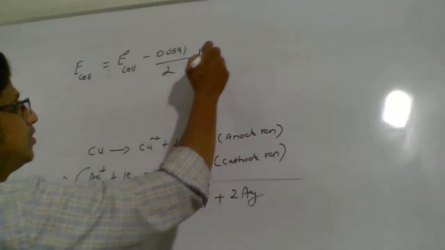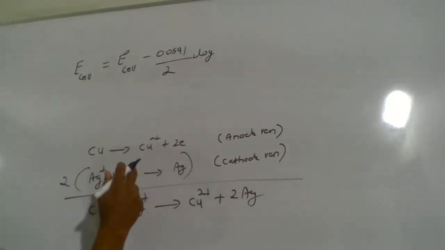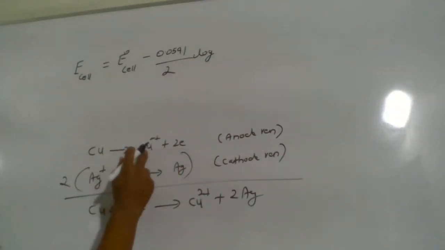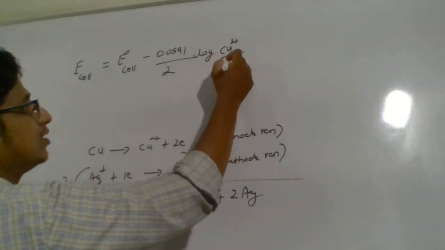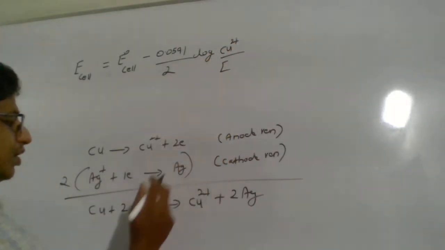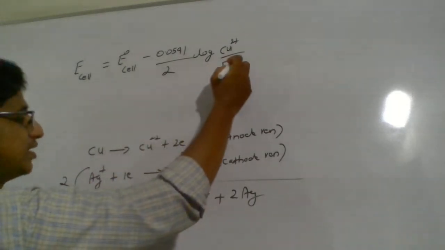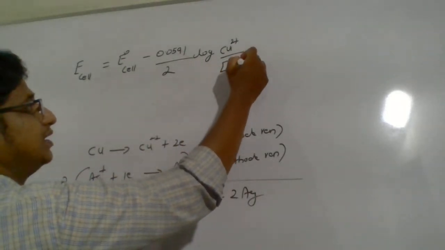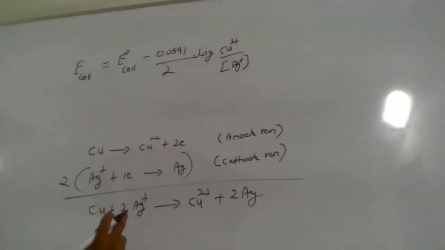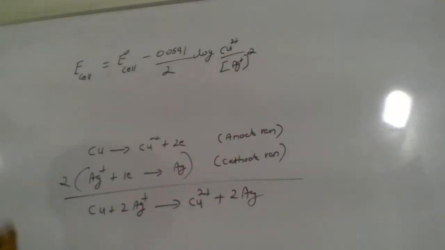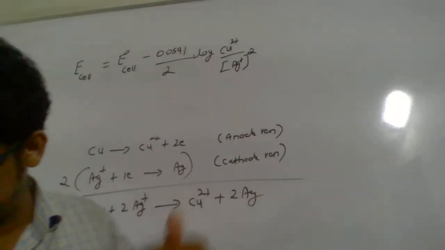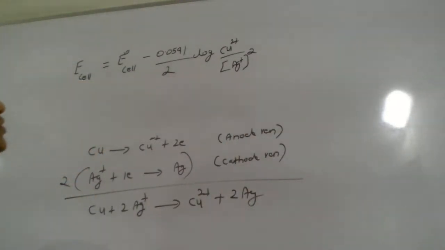Log of the concentration of the oxidized state of the anode, here the concentration of Cu2+, over the concentration of the oxidized state of the cathode, so it will be Ag+. Remember, 2Ag is there, so the stoichiometry should always be written as a power. That should not be forgotten. Here Ag+ squared, so apply that here.